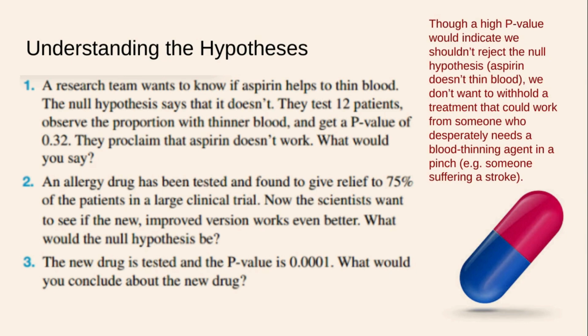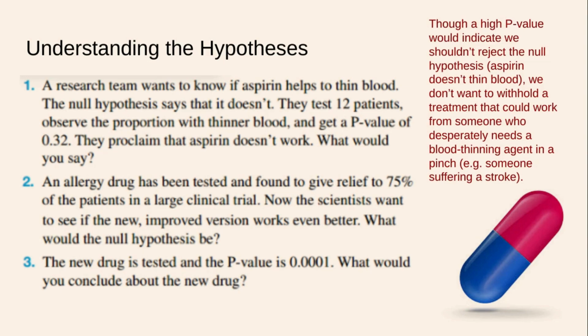Just because we have a high p-value doesn't mean we should blanket proclaim that aspirin doesn't work. We do not have enough evidence to conclude that it definitively does work in all cases. However, in a pinch, we don't want to say, oh, aspirin doesn't work, might as well not use it. No, you do what you need to do in an emergency. So this is an instance in which we want to be careful about how we interpret a result.